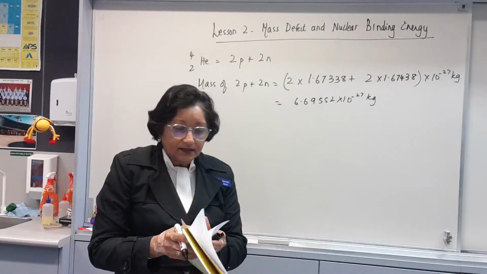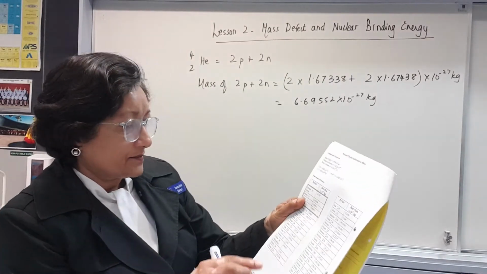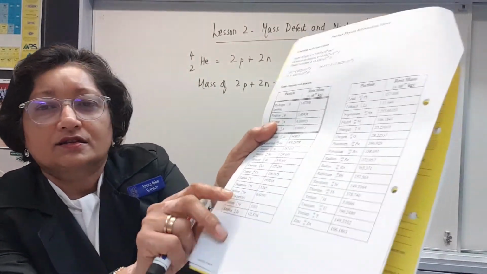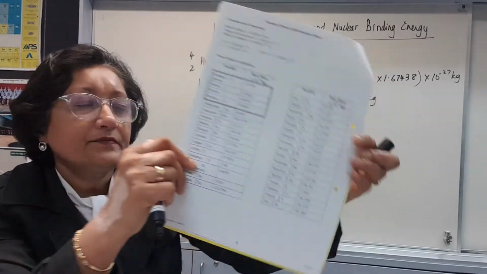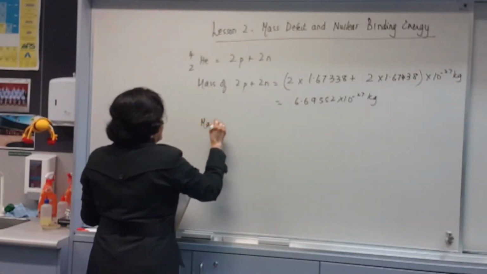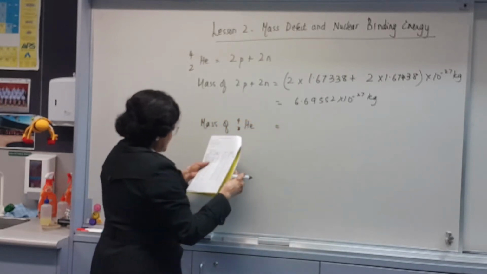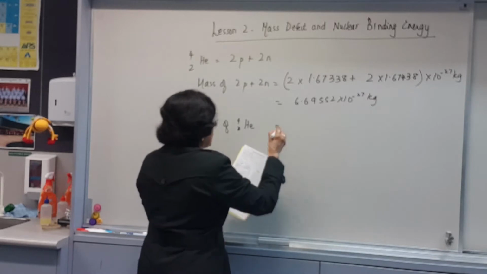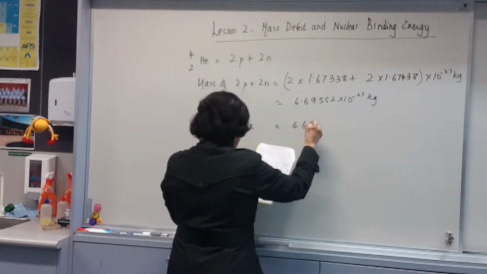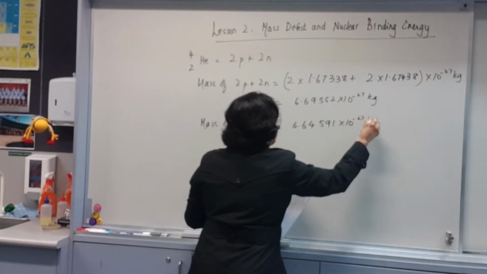Then if you look at this table again, and you look at the measured mass of an alpha particle, which is the helium nucleus, it is a bit different. It is 6.64591 times 10 to the power of negative 27 kilograms.